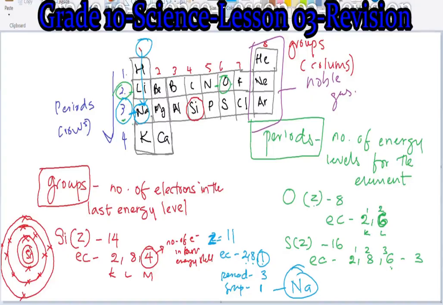Okay, the next thing we are going to talk about is the type of elements, whether it is a metal, a non-metal, or a metalloid. You all know the difference between these; we've learned this in previous grades.